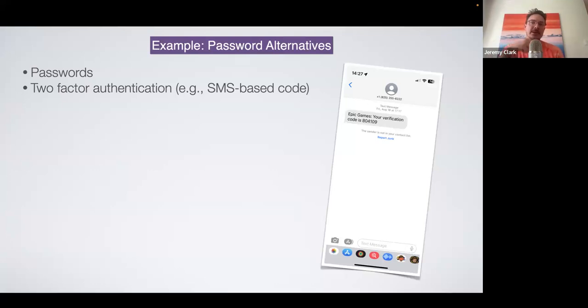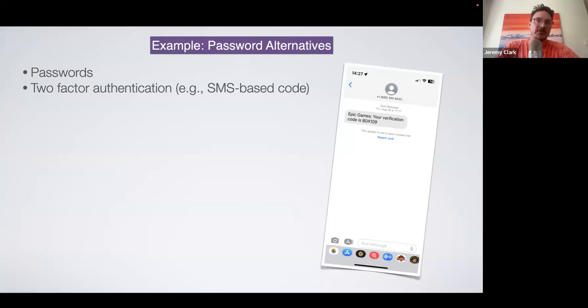Now, the problem with this is that SMS goes to a phone number, and your phone number is assigned to you using something called a SIM card. All the messages that go to your phone number get redirected to your physical phone, and that's subject to the phone company.